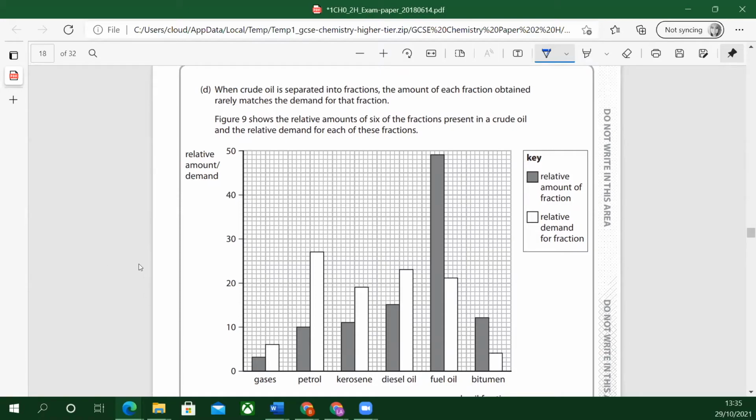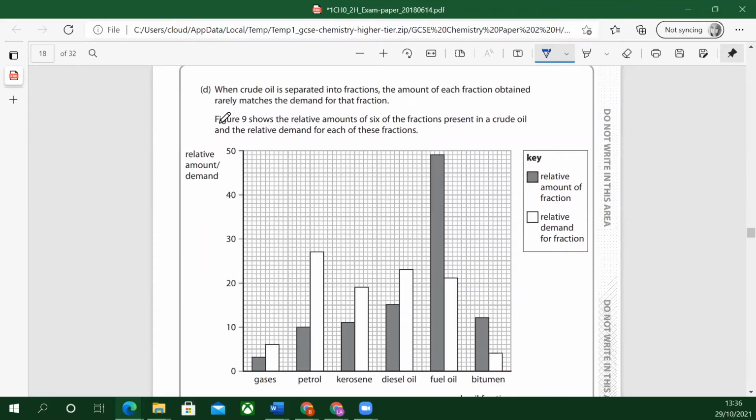So, D, when crude oil was separated into fractions, the amount of each fraction obtained rarely matches the demand for that fraction. So it means that the demand means how much is wanted in the world. For example, petrol has very high demand, but obviously the fraction we get doesn't meet the demand.